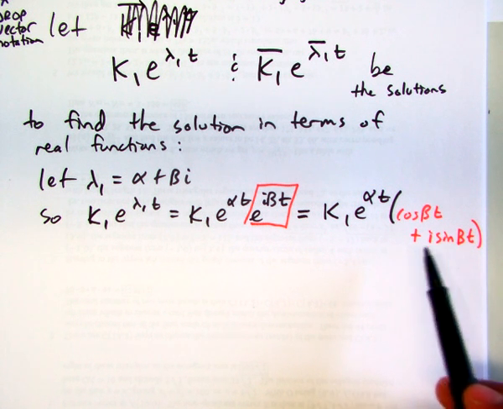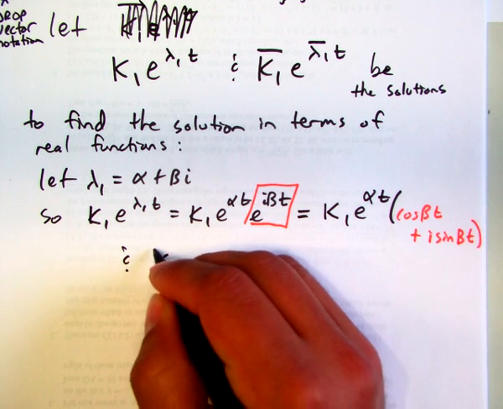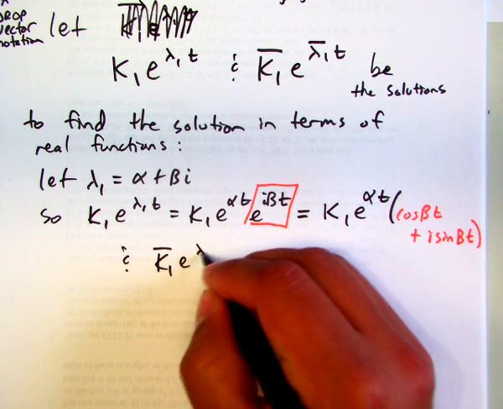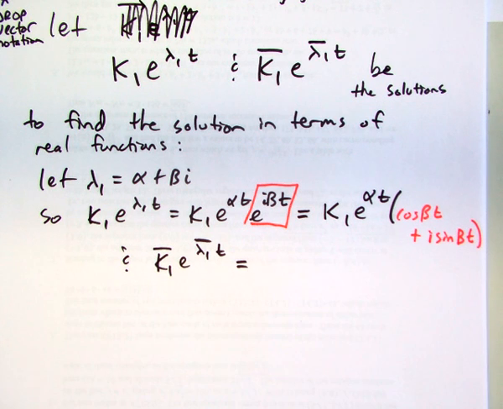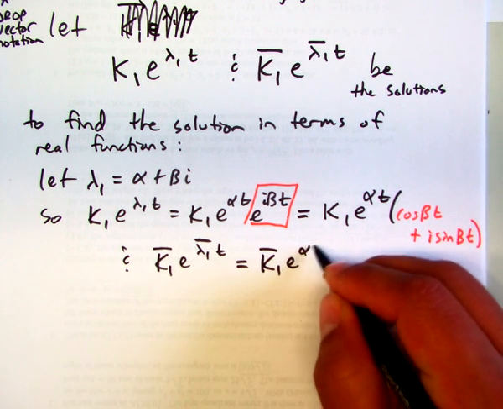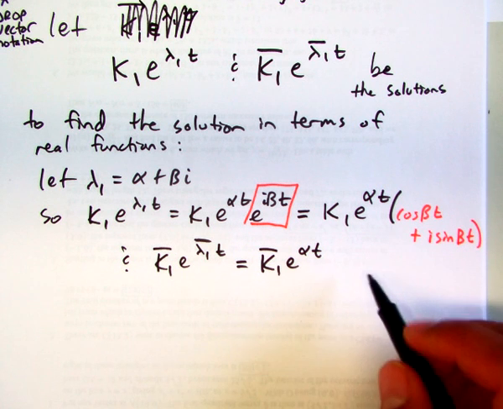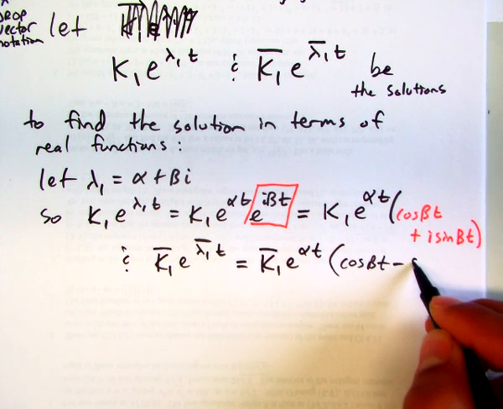And then similarly, if I look at the conjugate solution, the only thing that's going to change is we're going to have cosine beta t minus i sine beta t.